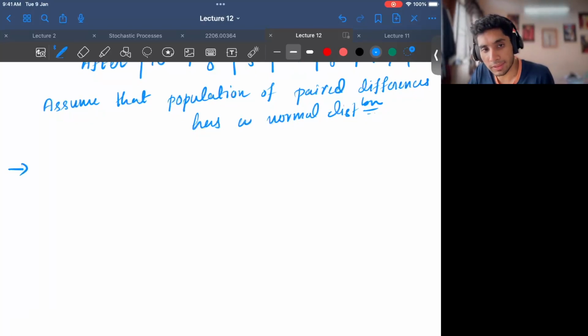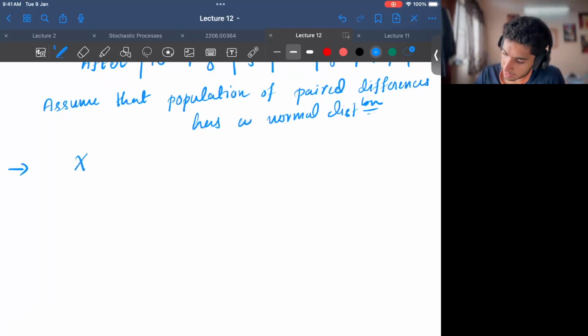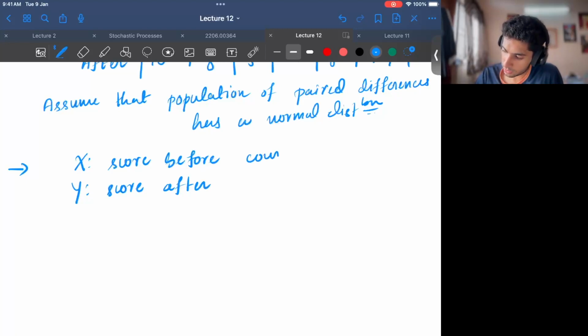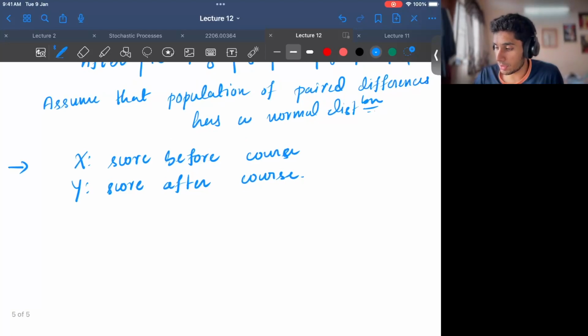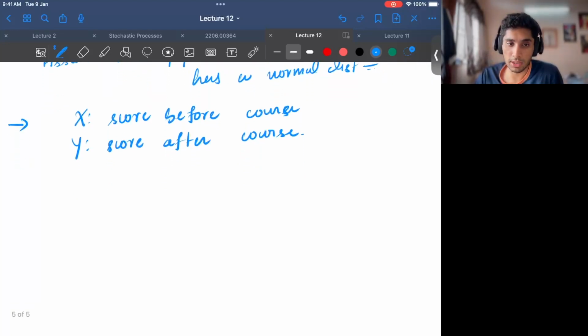So this is again simple. Let's say that X is the score before and Y is the score after the course. It is given to you that the population of paired differences has a normal distribution, so X comma Y follows a normal distribution.